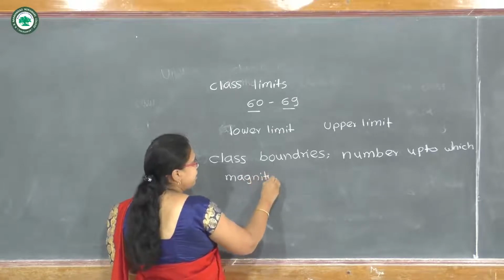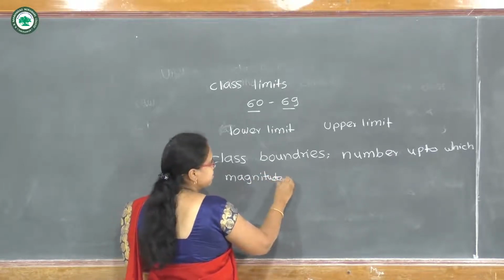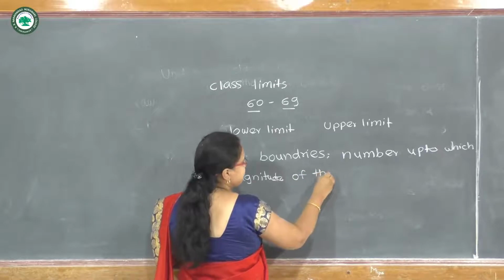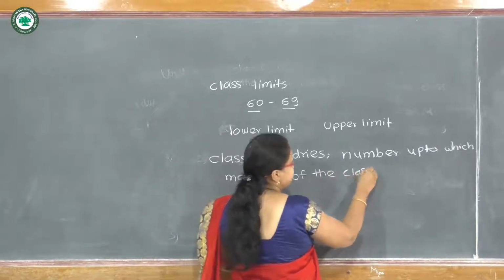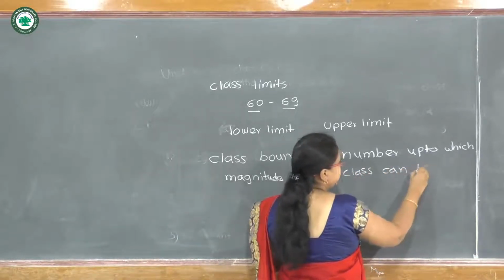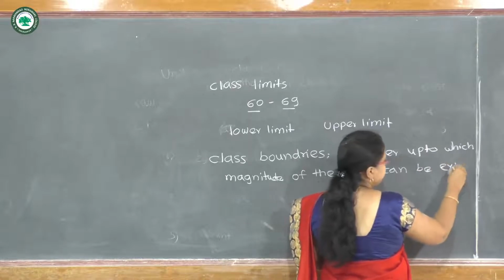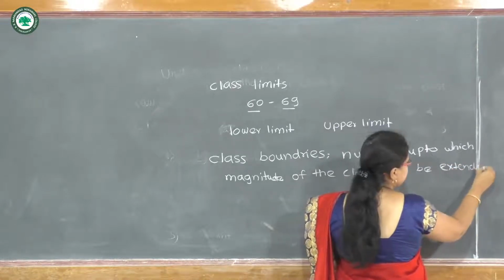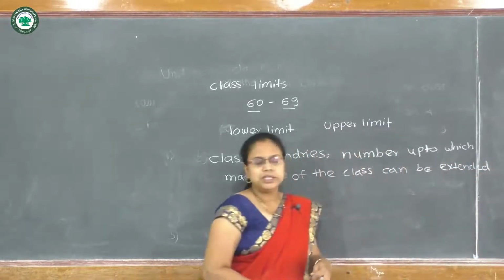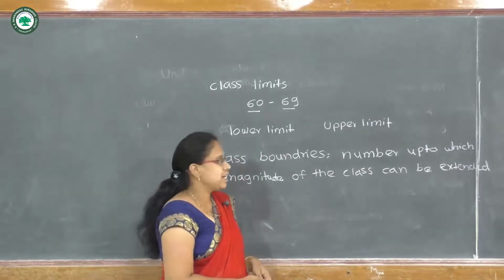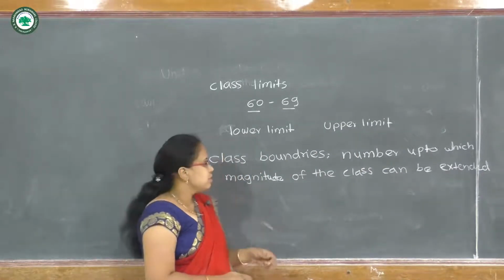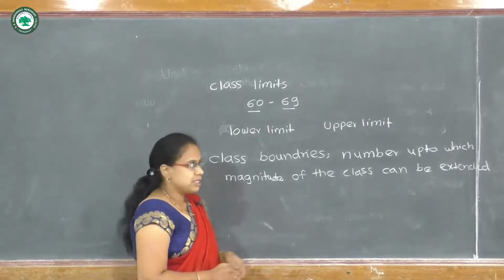It is actually called the magnitude. So these are also called extended type classes. So these are class boundaries.